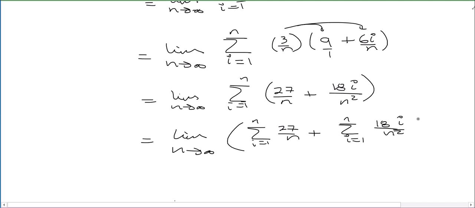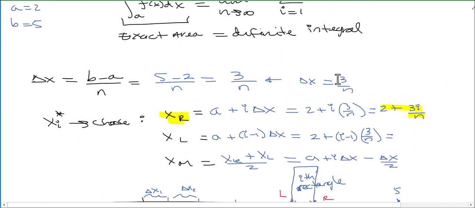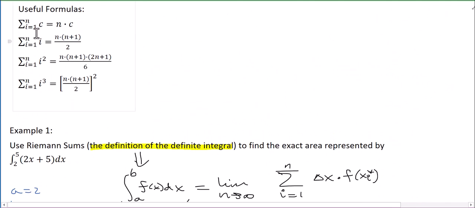And so remember, our goal as we're simplifying the Riemann sum is to try to use these formulas. So identify when I see a summation i equals 1 to n and a constant, or summation of just i, or i squared, or i cubed, and try to isolate those, separate those, so that then I can use these formulas.